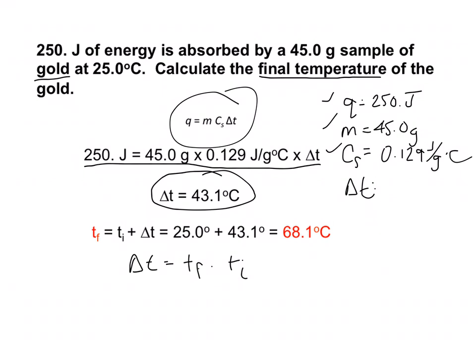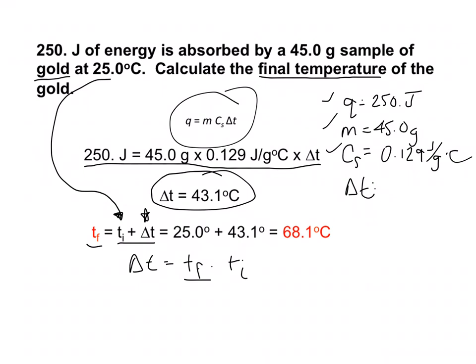So if we want to know what the temperature final is, we're going to need to manipulate this equation. That ends up looking like temperature final is equal to temperature initial plus your change in temperature. So we know that your delta T is going to be plugged in here. We've been told our temperature initial.